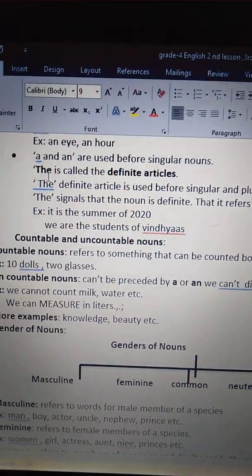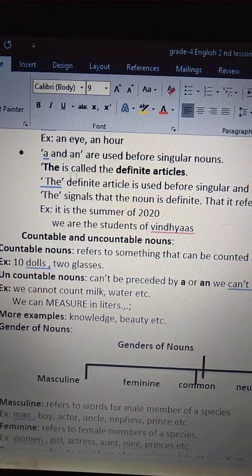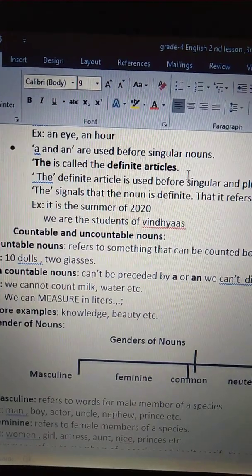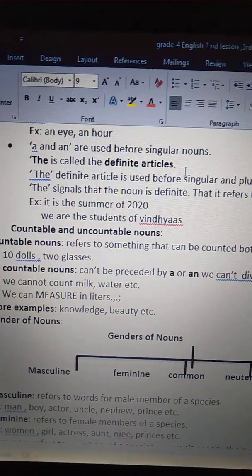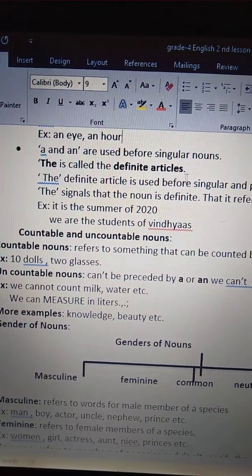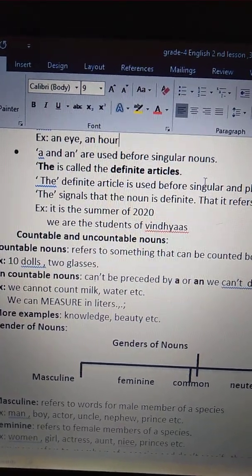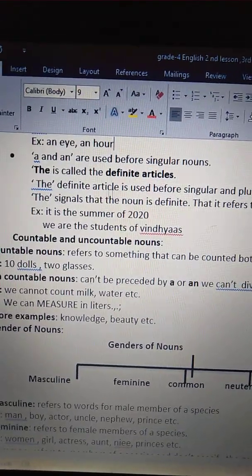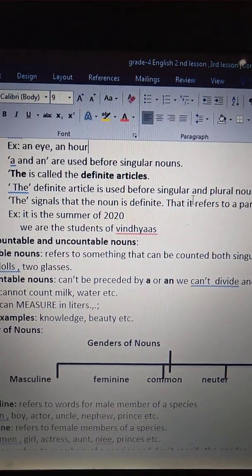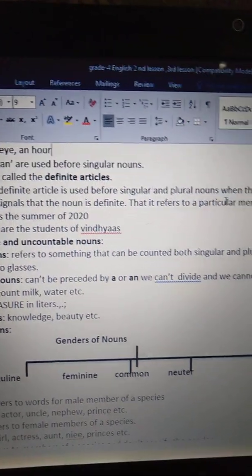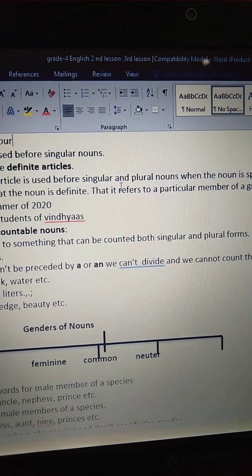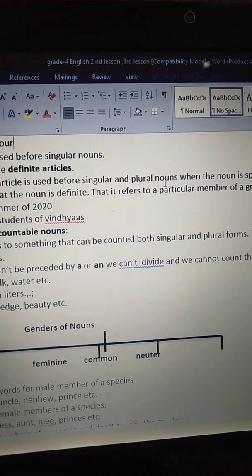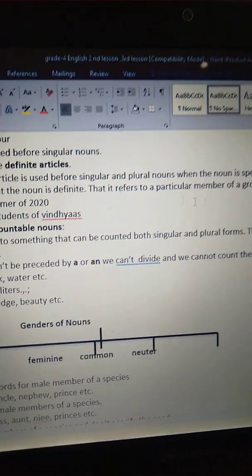Okay. The is called the definite article. A and an are the indefinite articles, whereas the is called the definite article. The definite article is used before singular and plural nouns. So, before a singular noun and a plural noun, we use the definite article the.